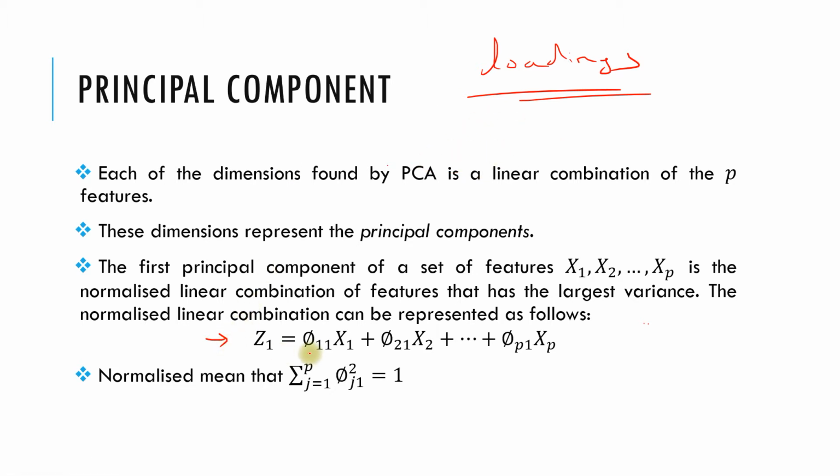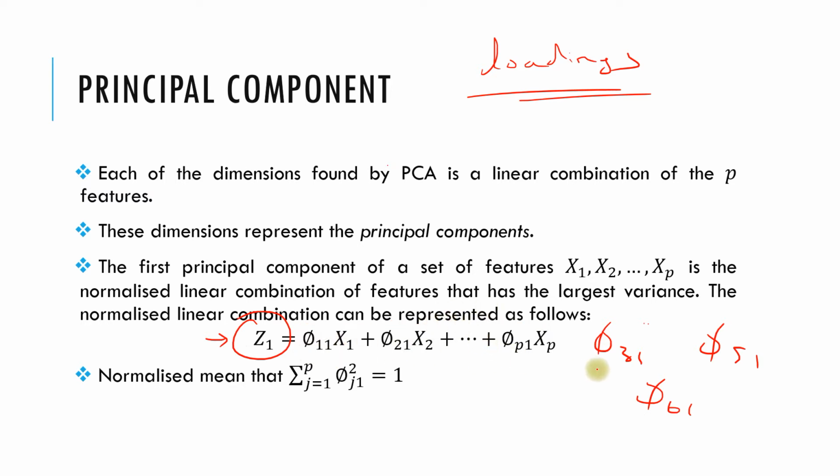Let's suppose phi 1 1, phi 3 1, phi 5 1, and phi 6 1 have high loadings on your first principal component. What do I mean by high loadings? It means that these values are higher than the others, bearing in mind that if you take the sum of the squares of all the possible phi's, you should get 1.